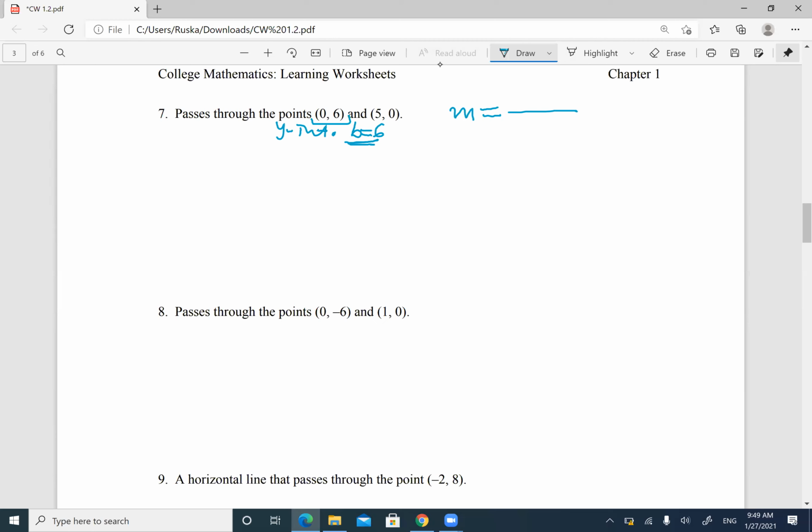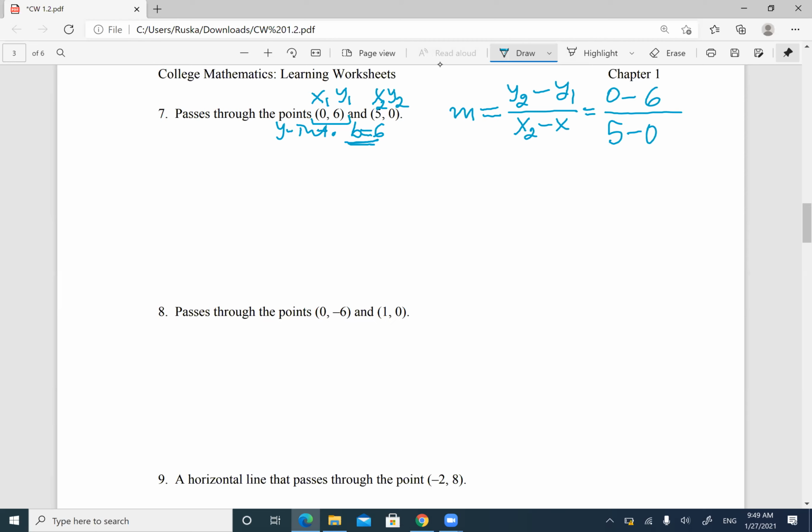So how do you find the slope? The same way. We have 2 points, x and y. The first one is x1 and y1, and x2 and y2 is the second one. So the formula is y2 minus y1 over x2 minus x1, and you plug in the numbers. So y2 is 0 minus 6, over 5 minus 0.